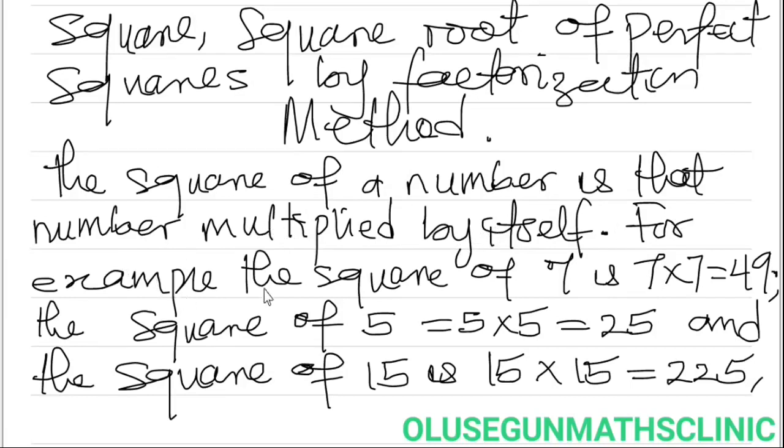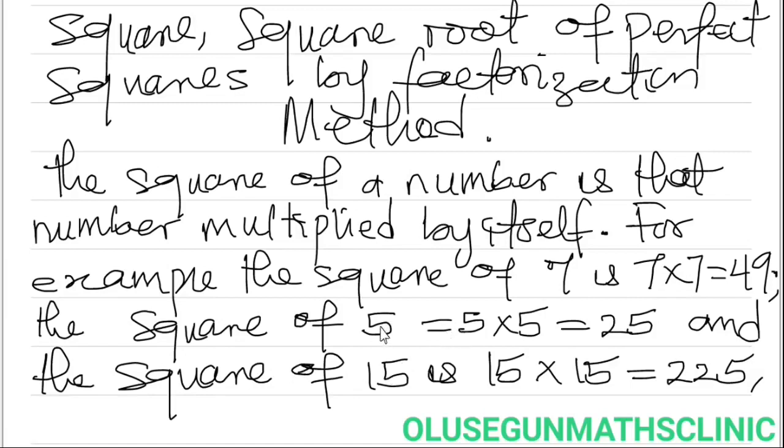For example, the square of 7 is 7 times 7. That means the square of 7 means 7 times 7, which gives us 49. The square of 5 means 5 times 5.